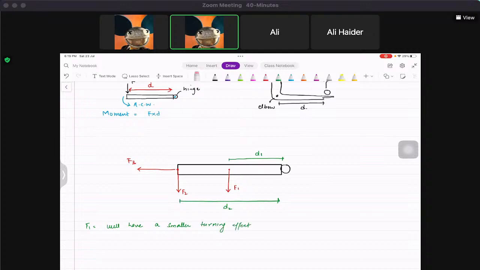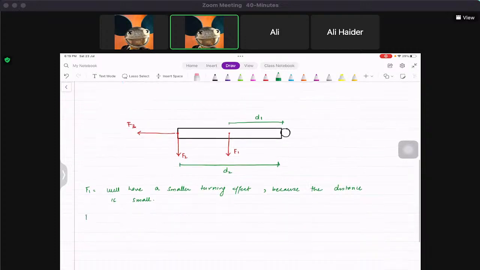The reason is that the distance is small. So if the distance is small, it's very hard to turn stuff. So you basically want to have a longer distance. That's why the doorknob is placed at the end of the door, not where the hinges are, right? F2 will have the maximum moment because it has the largest distance.